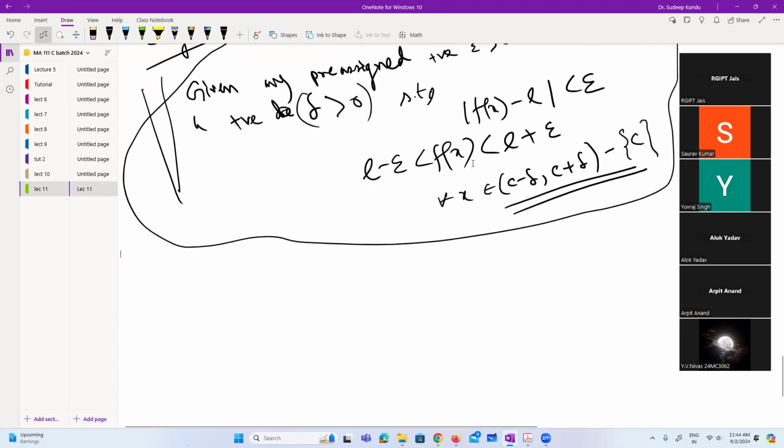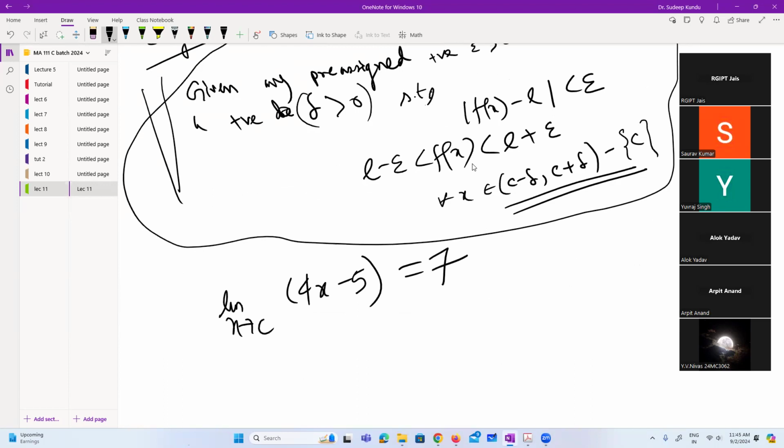So suppose you have to show limit x tends to 3 of 4x minus 5 equals 7. So how will you show it?